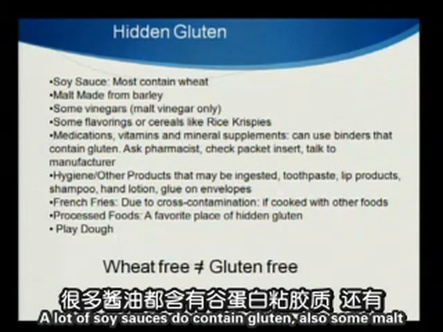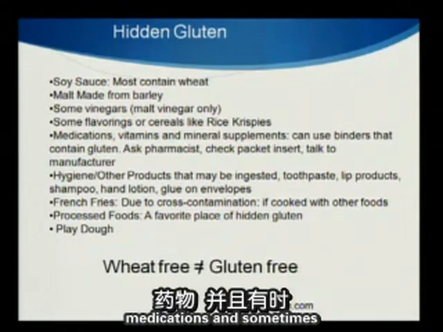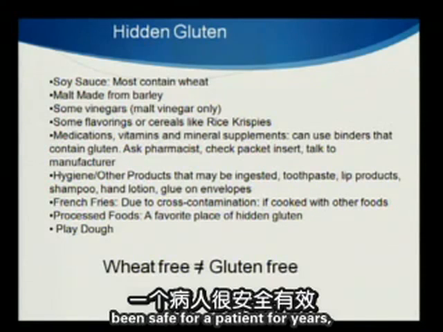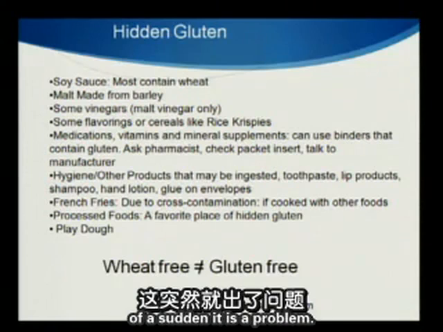A lot of soy sauces do contain gluten. Also some malt from barley, vinegars, some flavorings in cereals, and medications. Sometimes a medication that's been safe for a patient for years changes when the manufacturer or the lot number changes, and all of a sudden it's a problem.